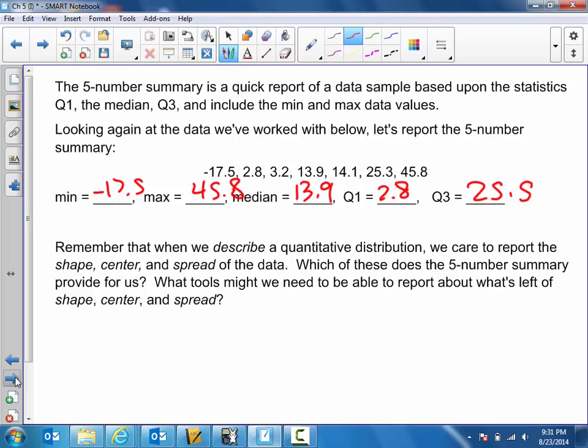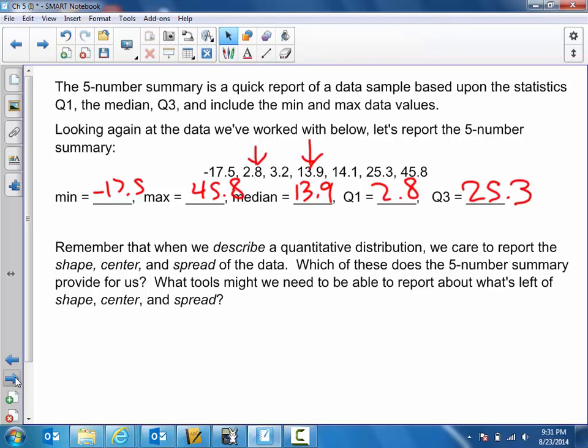Does the min change from what I had written down originally? No. Max is good. Median is good. Quartile 1, if the median's right here, would be at 2.8. And quartile 3 would be at 25.3. Okay, good there. And that's the 5-number summary.